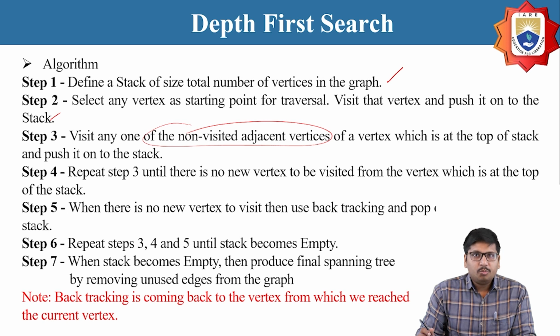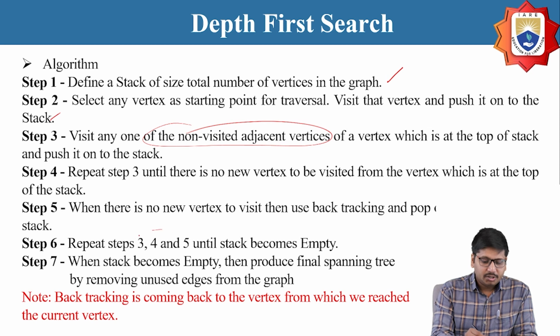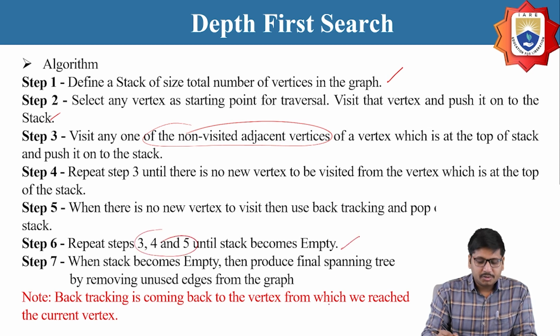Third step is to visit any non-visited adjacent vertex and push it onto the stack. Step 4, repeat step 3 until no new vertex can be visited. Whenever no new vertex is visited, use backtracking. And step 6 is to repeat steps 3, 4, 5 until the stack becomes empty, and finally produce the spanning tree.